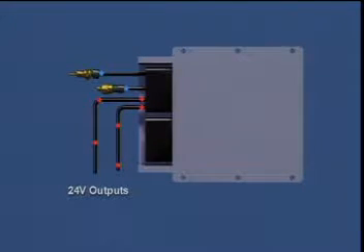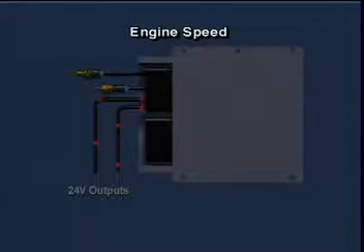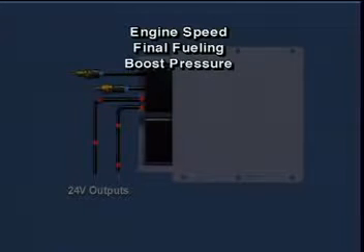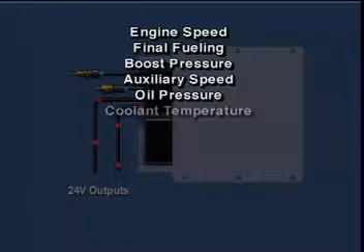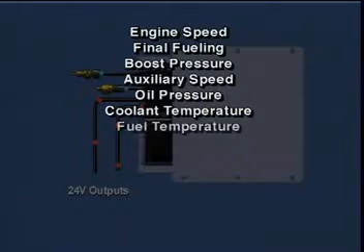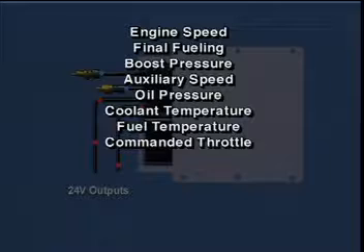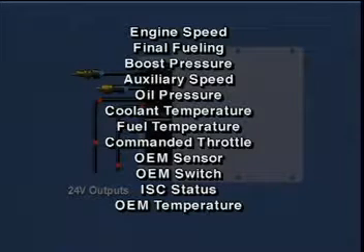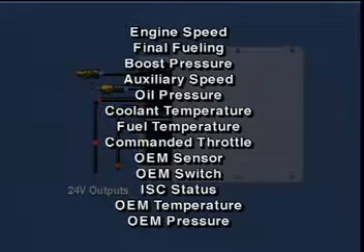The 13 parameters that can be configured as inputs to this algorithm are engine speed, final fueling, boost pressure, auxiliary speed, oil pressure, coolant temperature, fuel temperature, commanded throttle, OEM sensor, OEM switch, ISC status, OEM temperature, and OEM pressure.